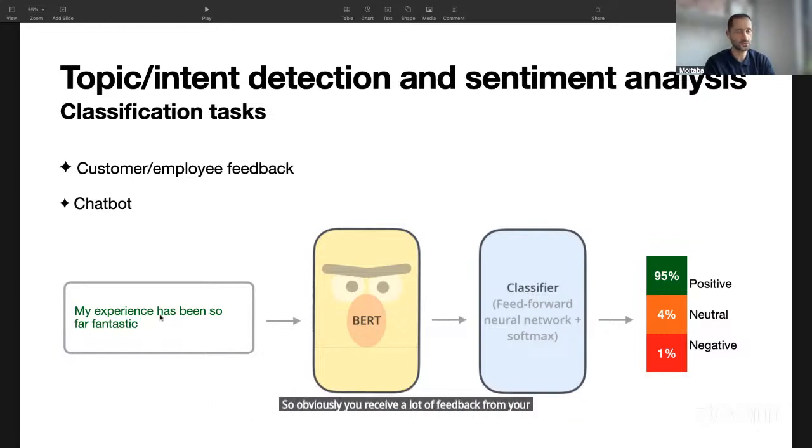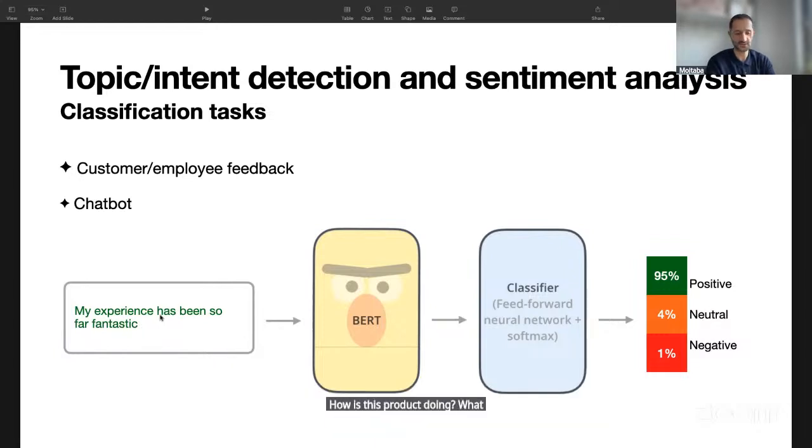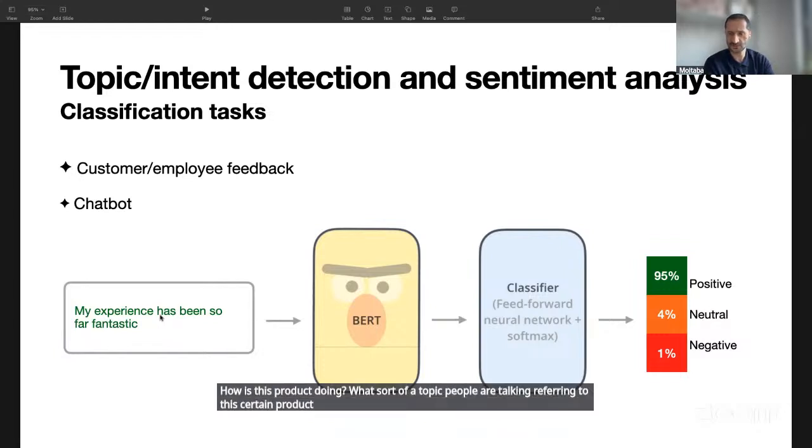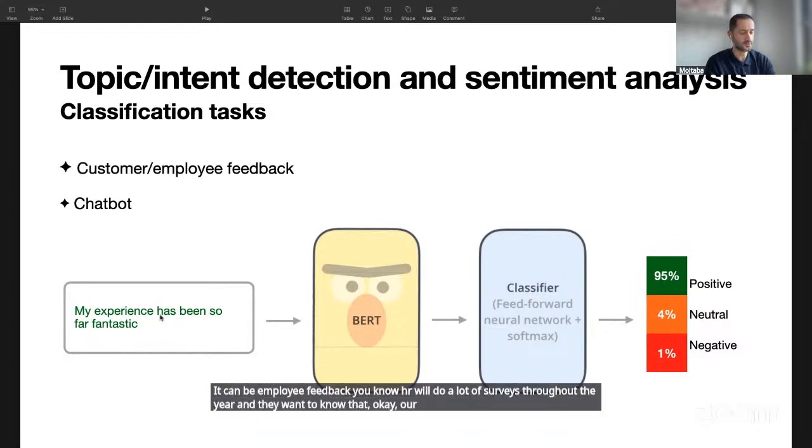You want to review your product. How is this product doing? What sort of topics are people referring to? What is their sentiment around that? It can be employee feedback. HR will do a lot of surveys throughout the year, and they want to know what problems employees have on what certain topics, and what the sentiment is around that.